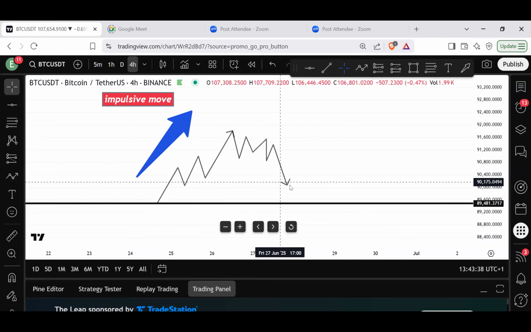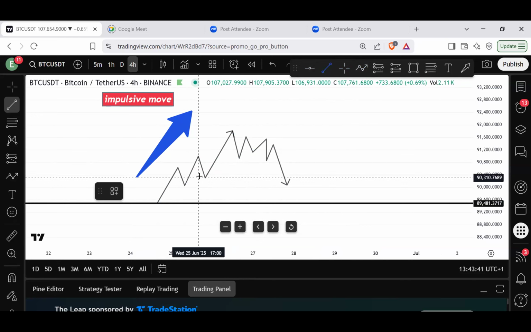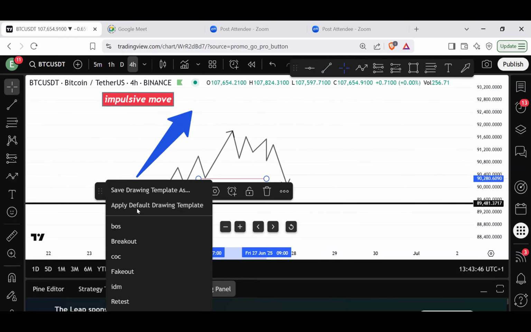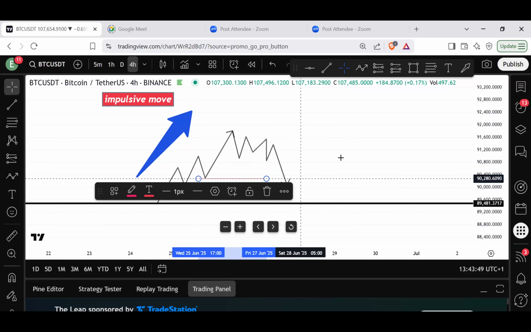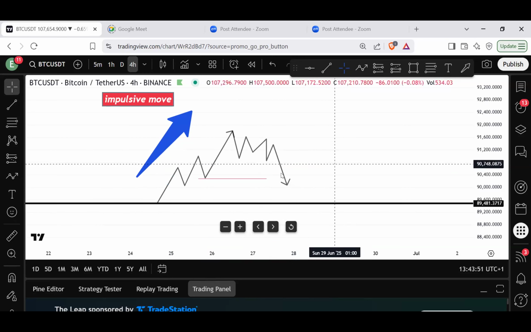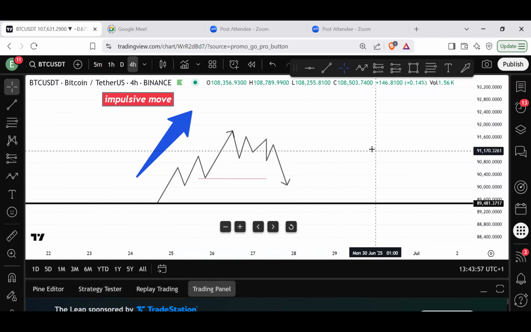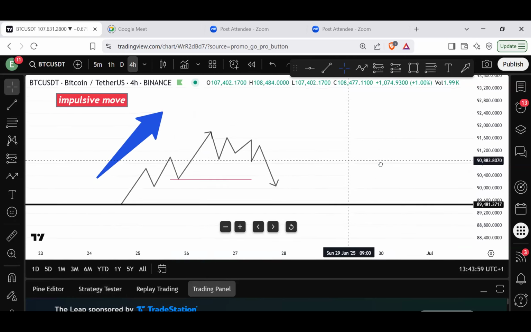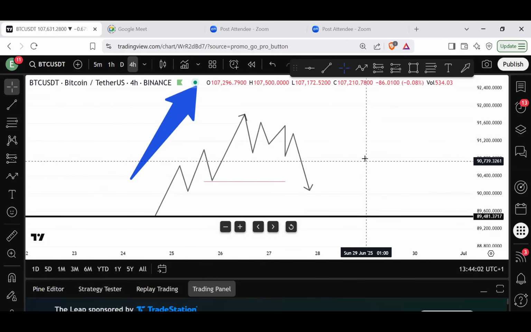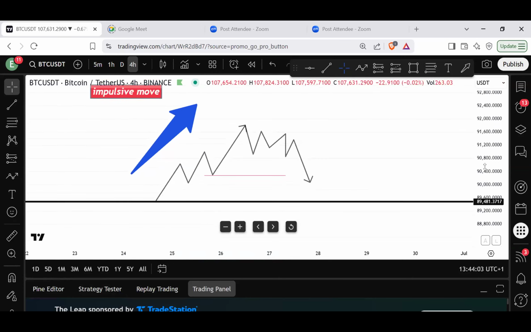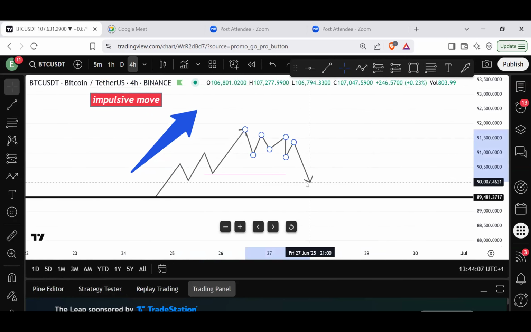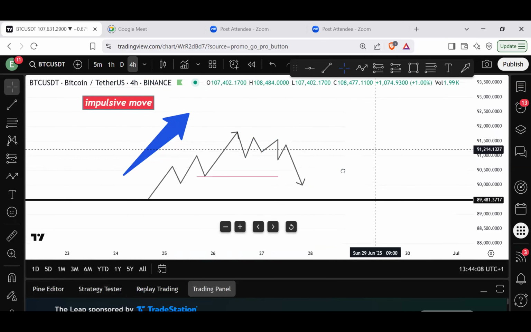The correction usually doesn't return back to where it started from. This is inducement. So, correction.